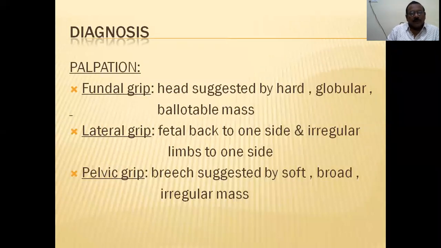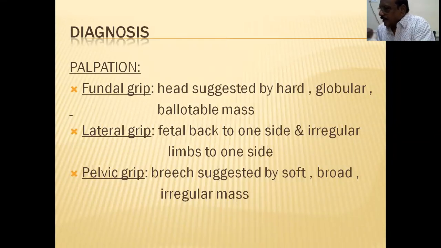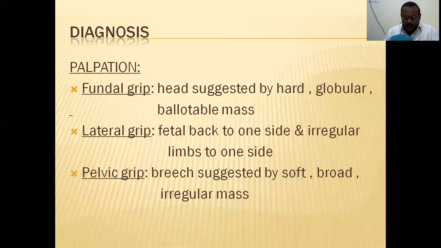To diagnose breech presentation, first on palpation, in the fundal grip, the head is suggested by a hard, globular, palpable mass. As the breech is in the pelvis, the head is at the fundus, so we will be able to feel the hard, globular, palpable mass in the fundus.